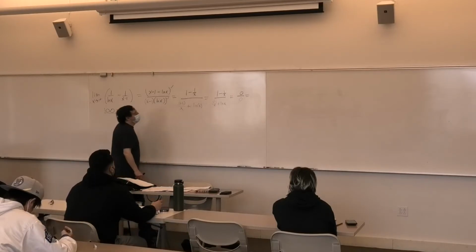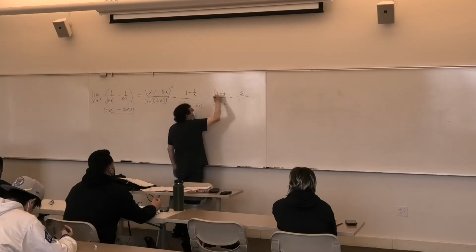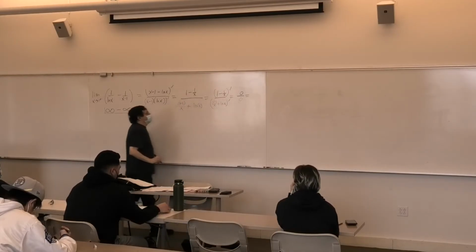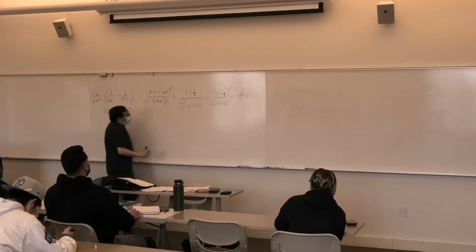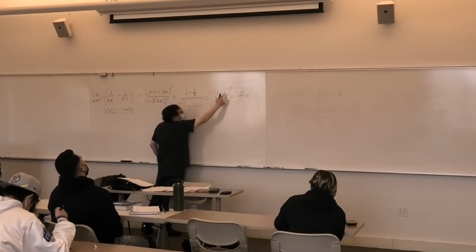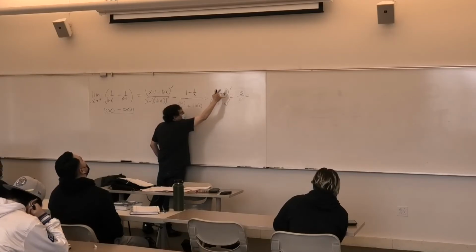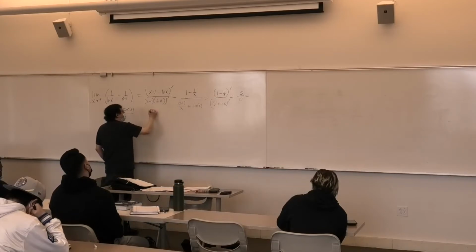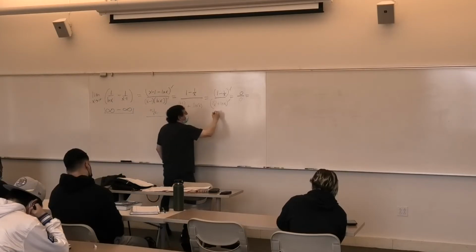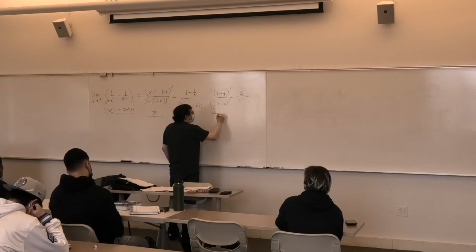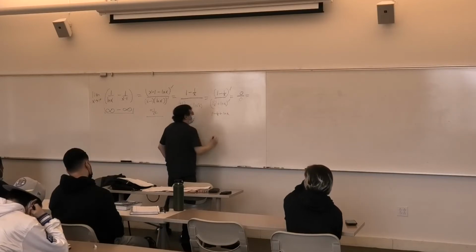So we can find the derivative of the numerator and of the denominator. The derivative of 1 is 0. The derivative of 1 over x is minus 1 over x squared. So we get rid of the minus, so we have plus 1 over x squared. Down here, let's write this as 1 minus 1 over x plus log of x.